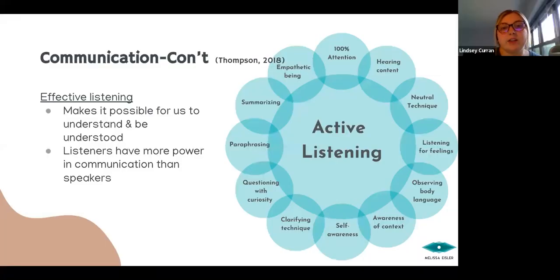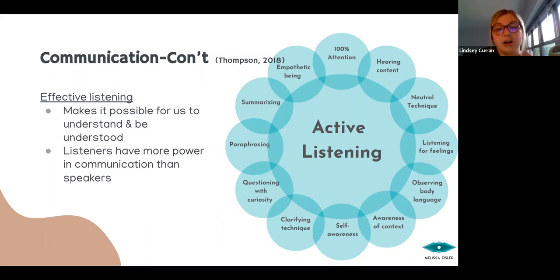On this slide, I wanted to briefly talk about effective listening. Listening in general doesn't only make it possible for us to understand others, but also makes it possible for us to be understood ourselves. The book really highlighted the importance that listeners actually have more power in communication than the speakers, because when it comes down to it, listeners have the authority to decide if they are going to listen or not.